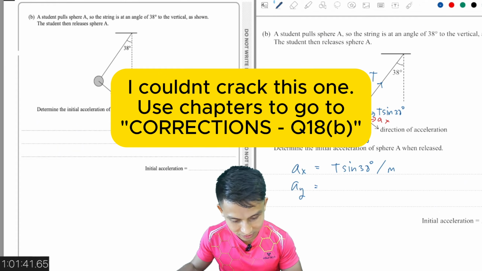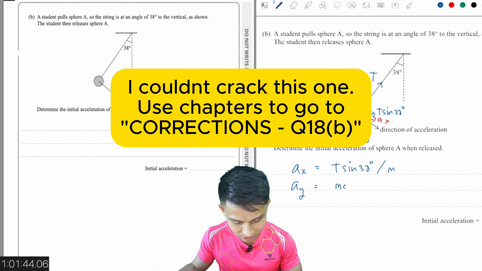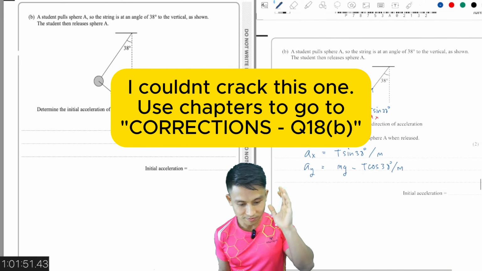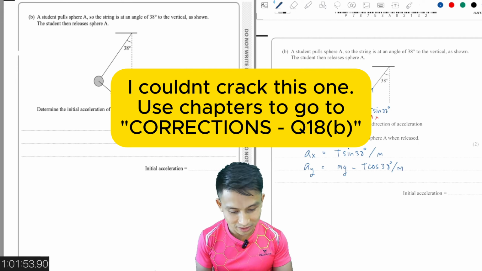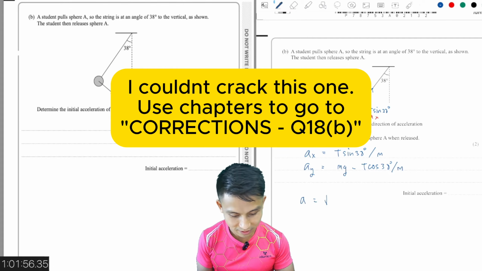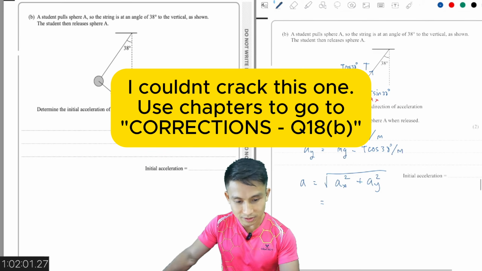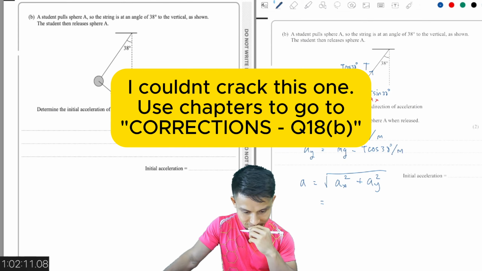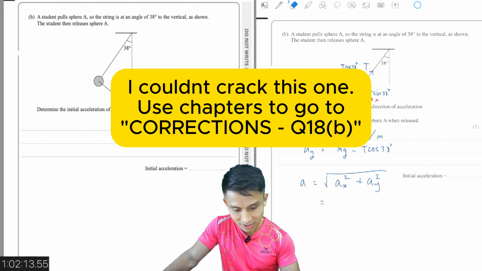And AY is just W, which is mg, minus T cos 38, divided by M. To find the initial acceleration, we should do Pythagoras there, right? Because the resultant force to the right is just T sine 38. The resultant force vertical is weight minus the tension. Wait, hang on. I should divide overall by M like this.